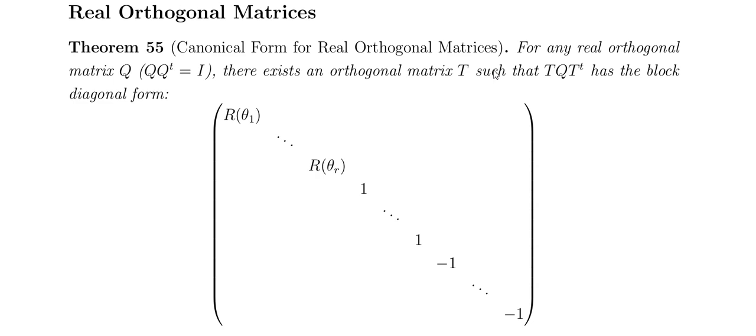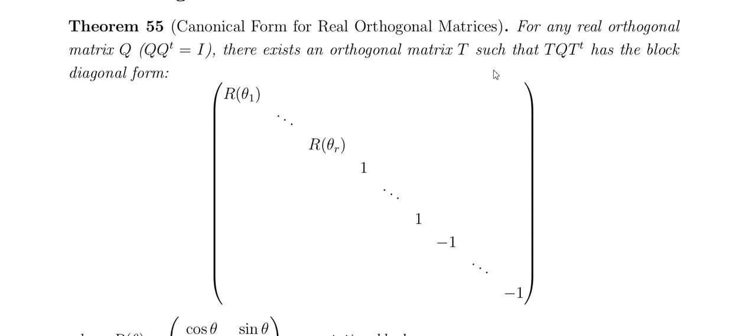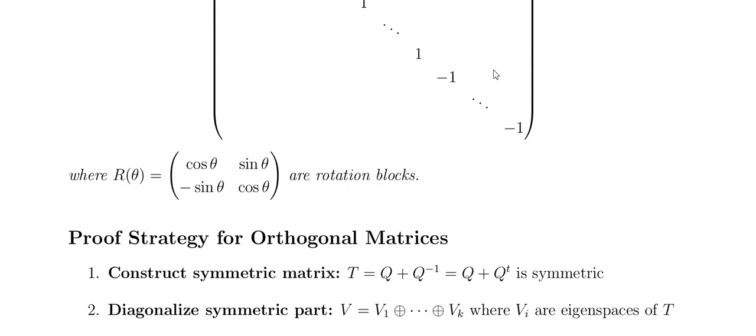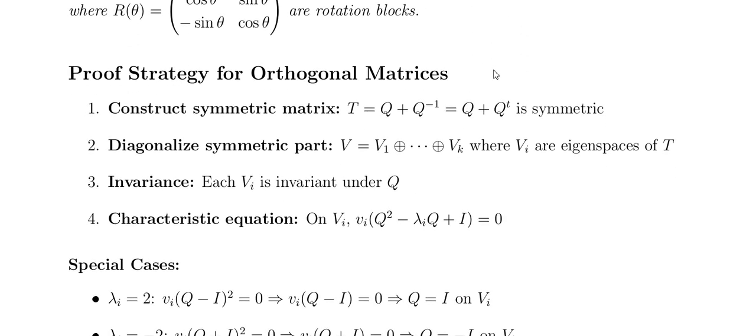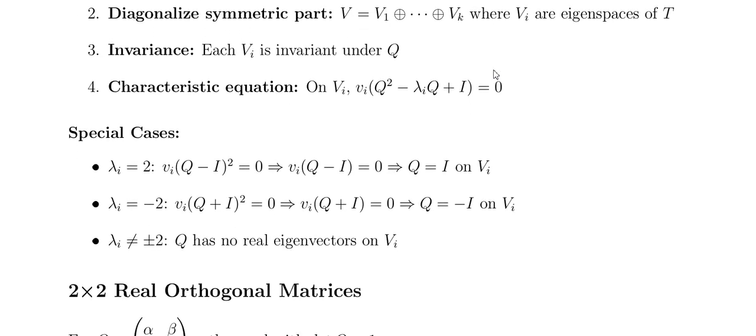The R of theta is called a rotational block, cos theta and so on. Similarly for the symmetric matrix like this, we can skip the proof.